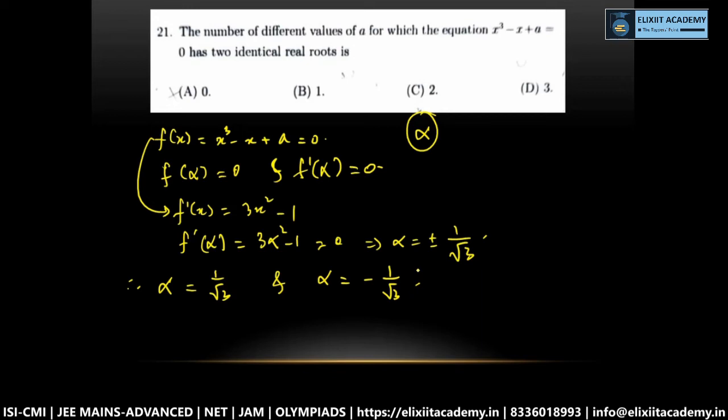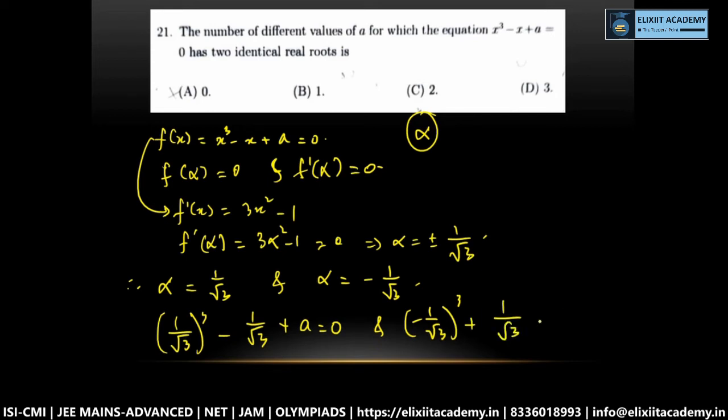You simply put x equals alpha in this equation. So you will get (1 by root 3) whole cube minus 1 by root 3 plus a equals 0. And for minus 1 by root 3, (minus 1 by root 3) whole cube, minus alpha, so obviously plus 1 by root 3, plus a equals 0.